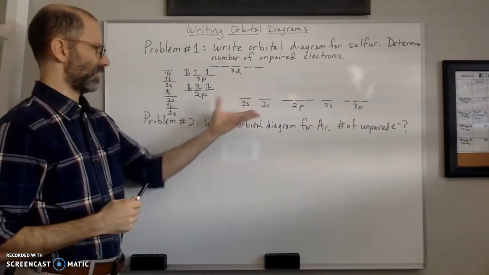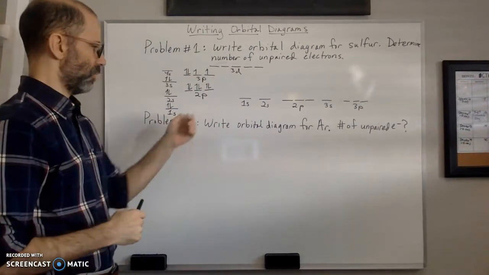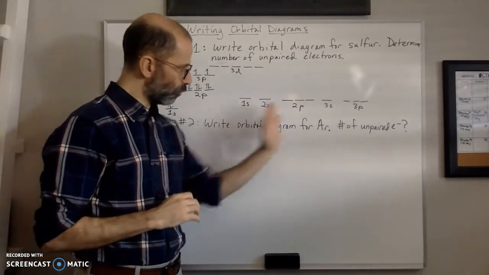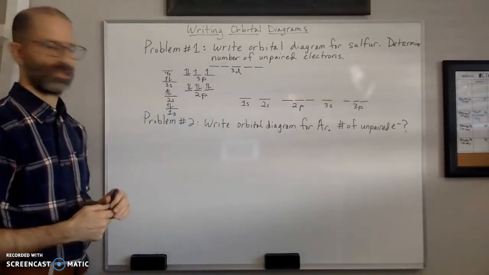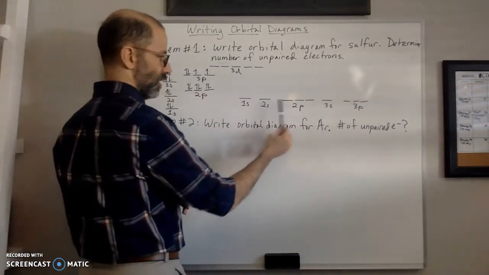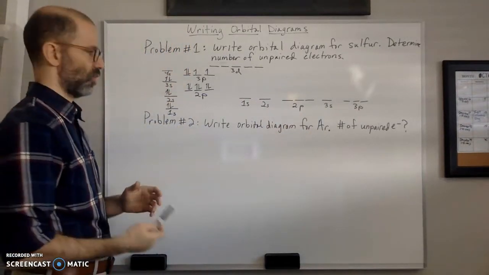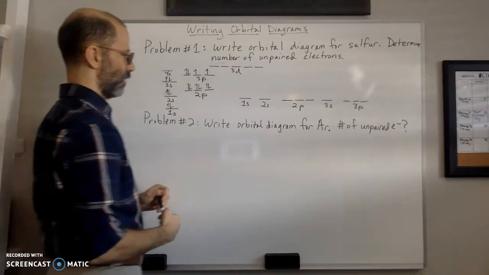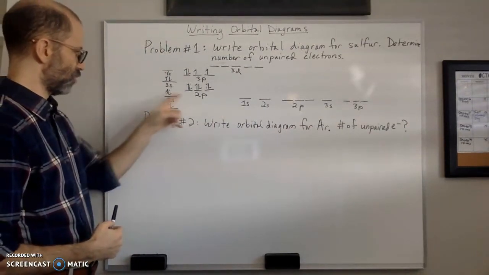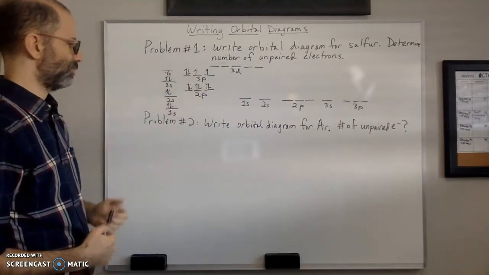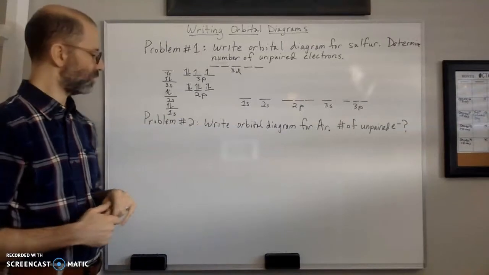I don't really like it that way because I like to see the energy levels. But if you understand that as you go further to the right, you have higher energy levels, then that's fine too. And it matches up with the electron configuration better in a way. But I like this way better because you can see that the energy levels are going up. Either way is fine, as long as you know what you're doing.